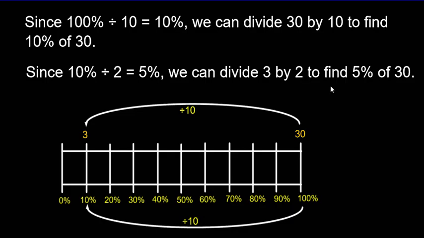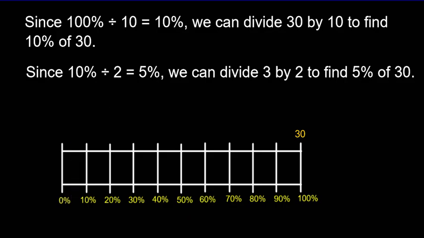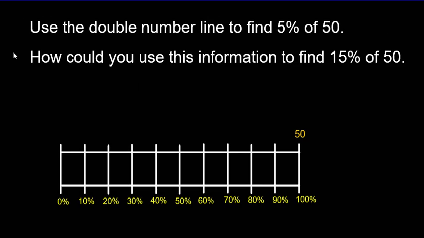So take 3 divided by 2, and you get 1 1/2, or 1.5. And now we just found 5%. Moving on to the next page.